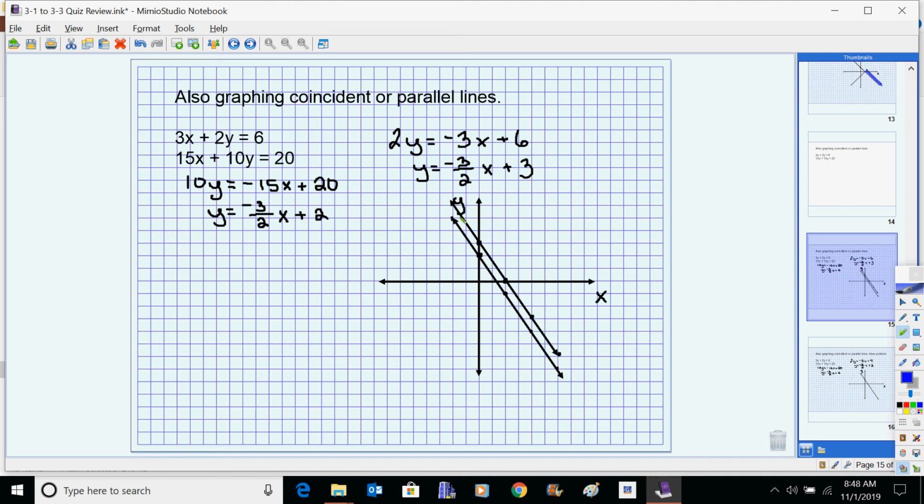So just so you know, this one would be independent and inconsistent, just to go over those phrases for you. Independent and inconsistent, because they're not the same line and they don't have a solution. The coincident lines, in other words, you solve them both and they come out to be the same one.